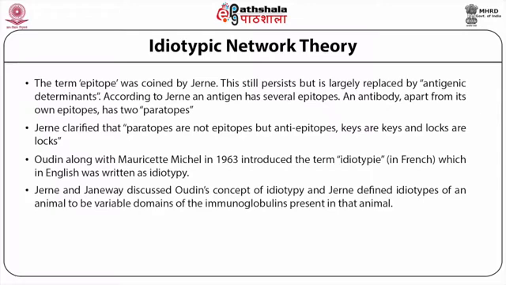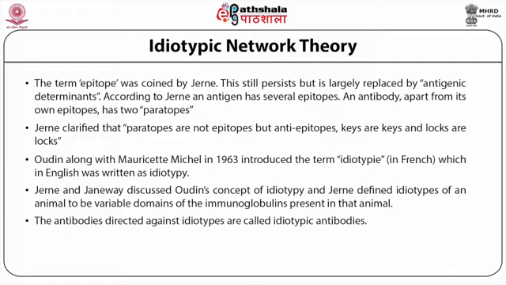Jerne and Janeway discussed Oudin's concept of idiotypy, and Jerne defined idiotypes of an animal to be variable domains of the immunoglobulins present in that animal. The antibodies directed against idiotypes are called idiotypic antibodies.